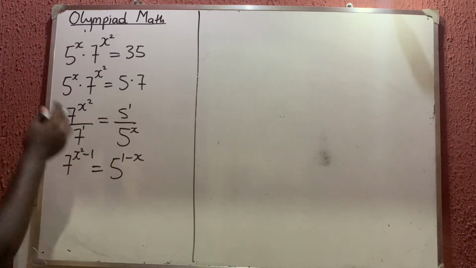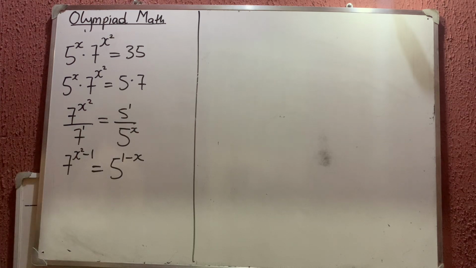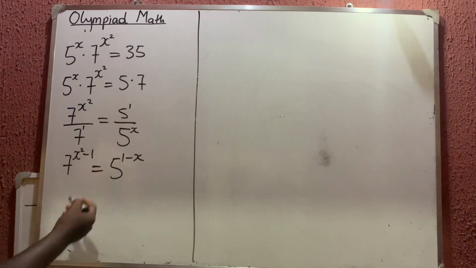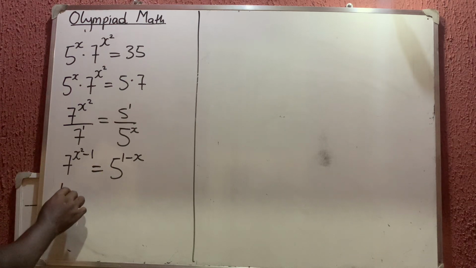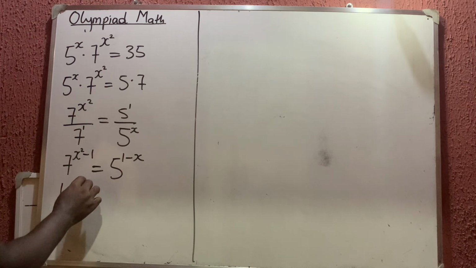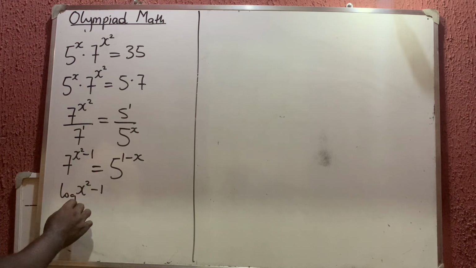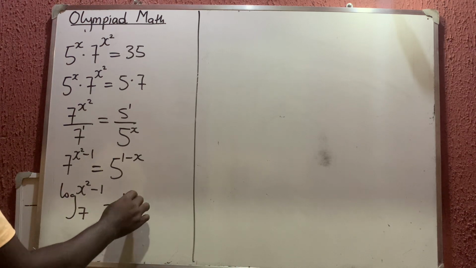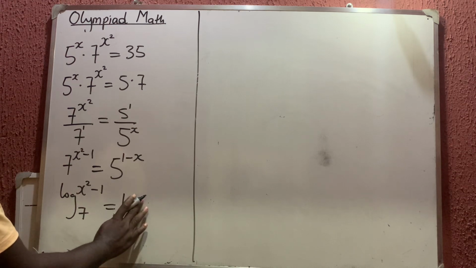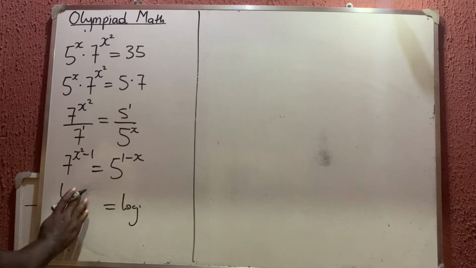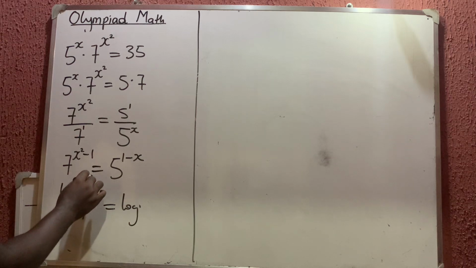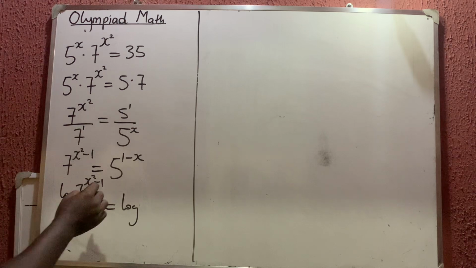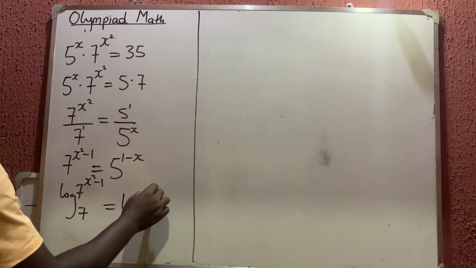All right. Let's take the log of both sides. Take the log of both sides in base 7 or base 5. Any one you like is still the same thing. So let us take base 7. I'm going to have that this is log of 7 raised to power x squared minus 1, okay, is equal to log of this, 5 raised to power 1 minus x, in base 7.